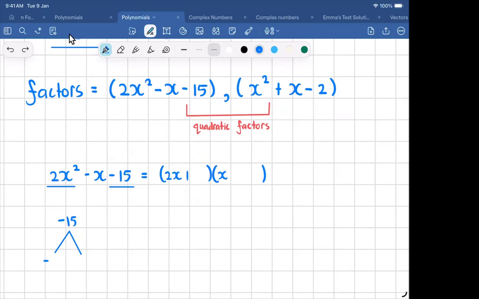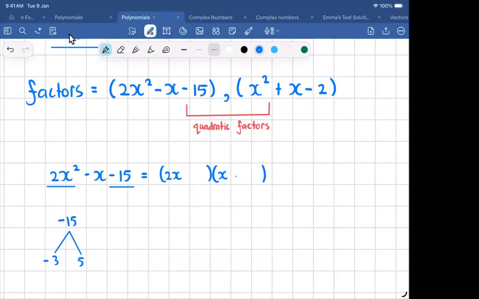Okay, you could use 3 and 5, right? Where should I put the negative sign? By the 3 or by the 5? By the 3, yeah.